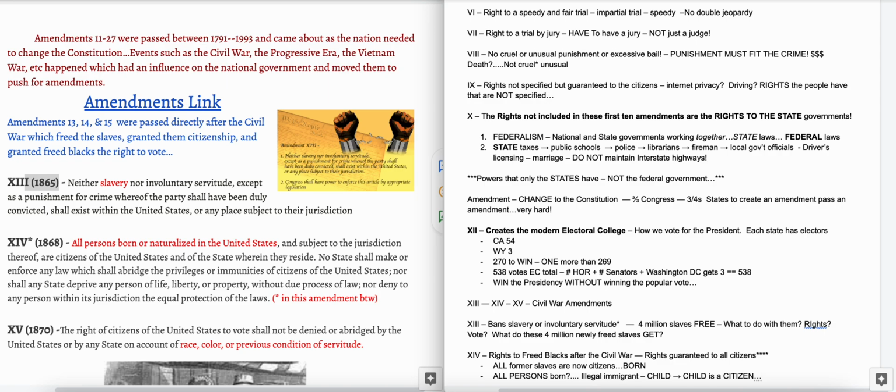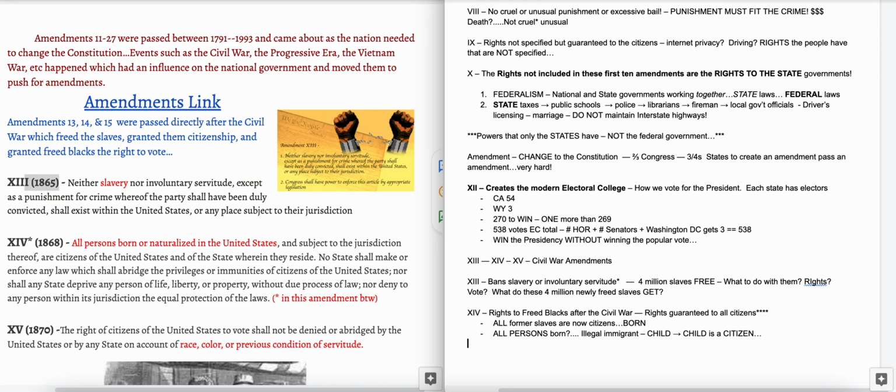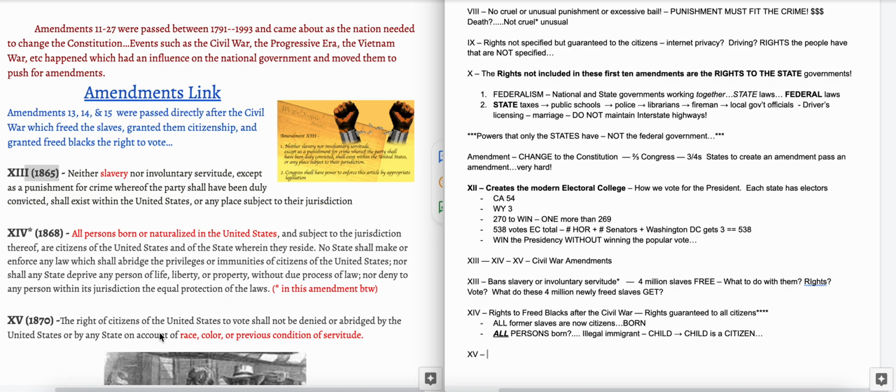So this is what makes it a hefty issue: should everyone born in America be citizens? So should it really be all persons born? That's what people want to know. There are a lot of people that want to change that because the way it was written is not the way it was intended.